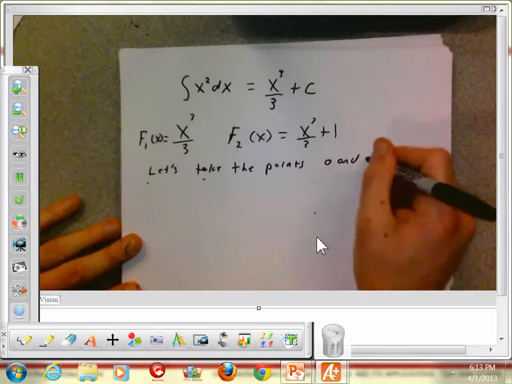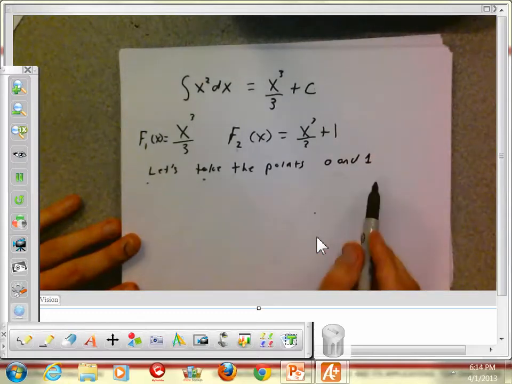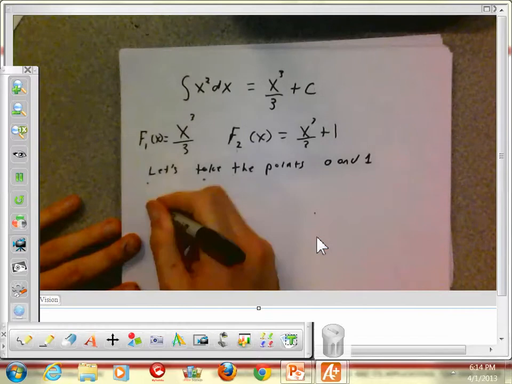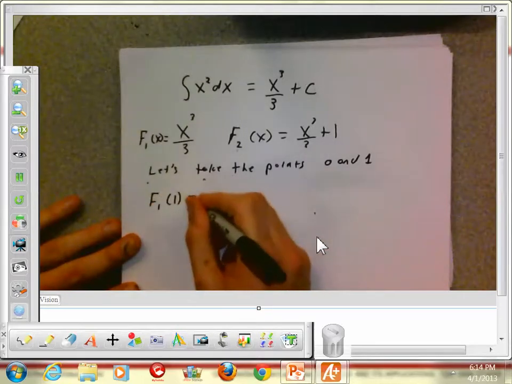If anyone's having trouble reading, it says, let's take the points 0 and 1. Let's look at f1 of 1.